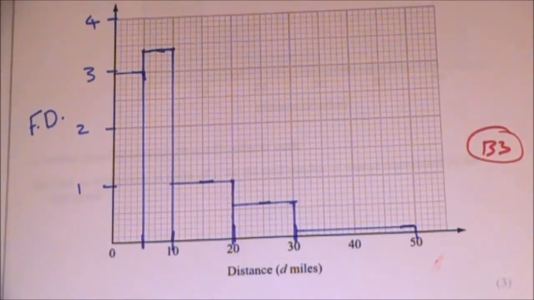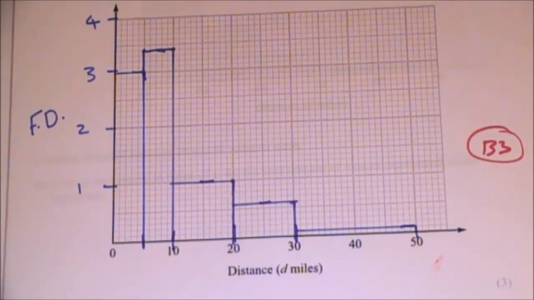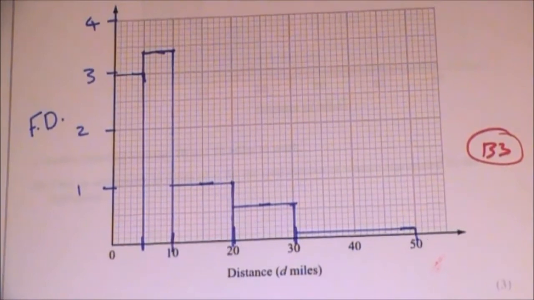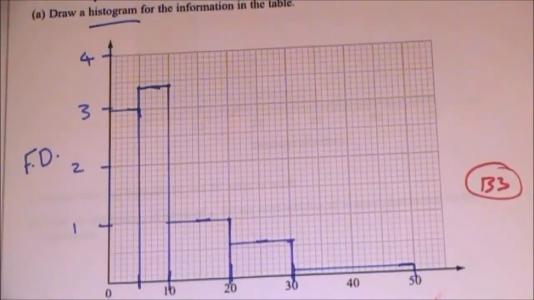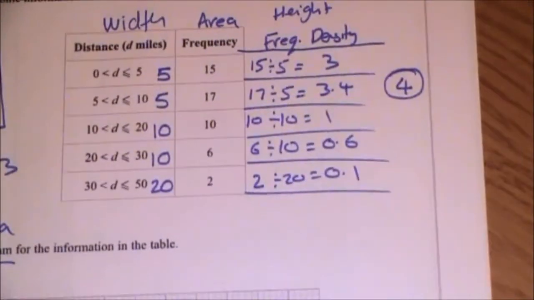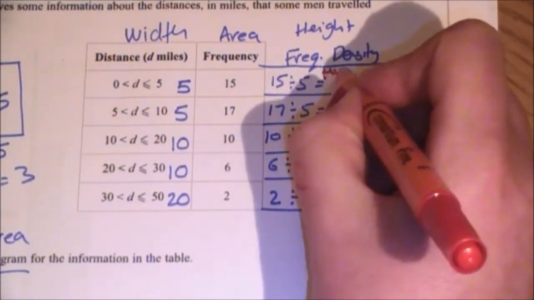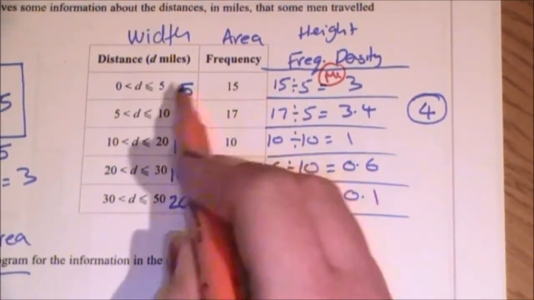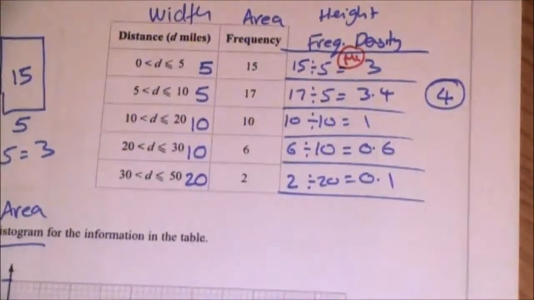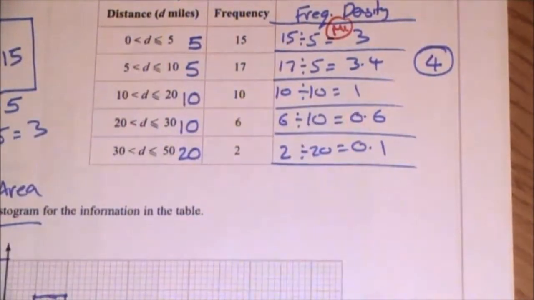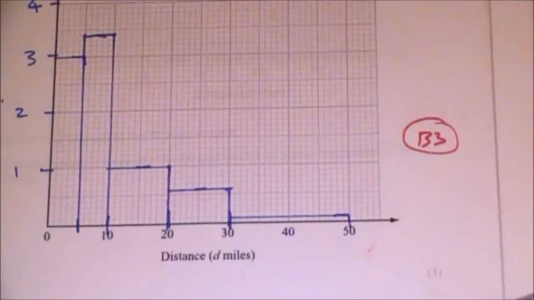We don't have to worry about that. We haven't used a key method. Or you get 1 mark if you've shown that you are aware that frequency divided by width is going to give you your frequency density.